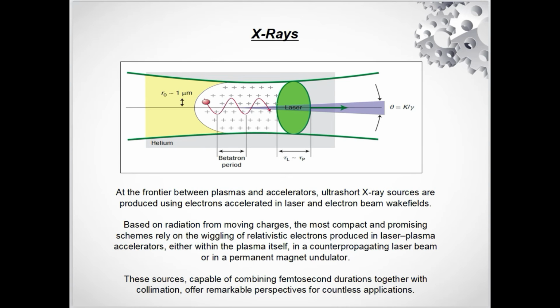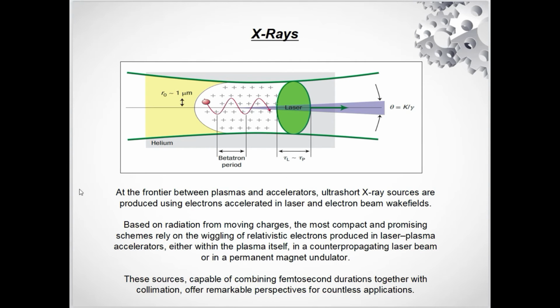At the frontier between plasmas and accelerators, ultrashort X-ray sources are produced using electrons accelerated in laser and electron beam wakefields.